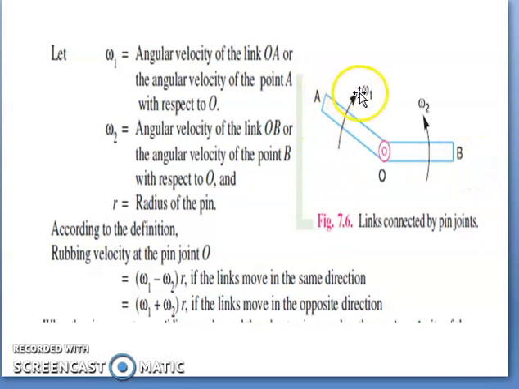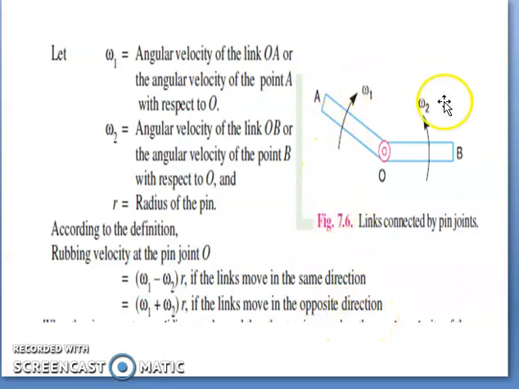OA is rotating with an angular velocity of omega 1 and OB is rotating with an angular velocity of omega 2, and these two links are joined by a pin joint. So the rubbing velocity at the pin joint is equal to omega 1 minus omega 2, multiplied by R, if the links are moving in the same direction. Suppose they are moving in the opposite direction, then it is equal to omega 1 plus omega 2 into R.